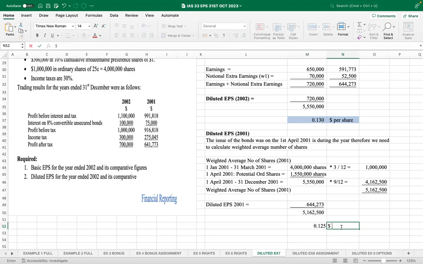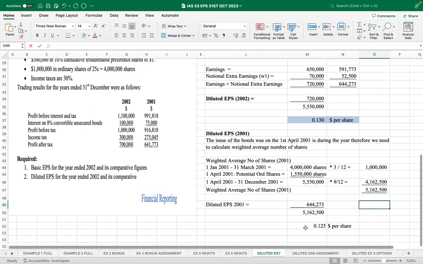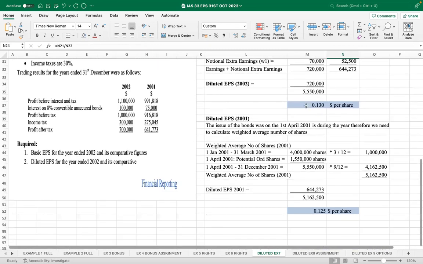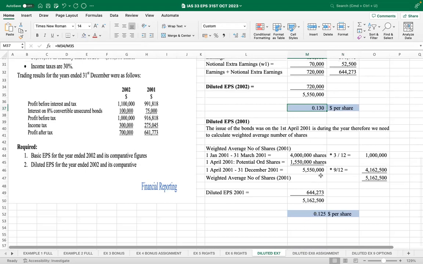So we have the basic EPS in 2002, and the basic EPS in 2001. We have diluted EPS in 2002, and we have diluted EPS in 2001.